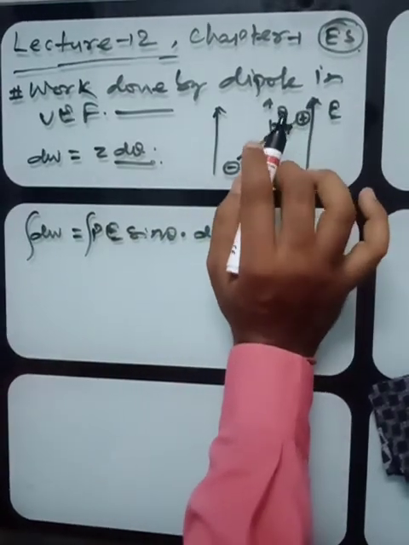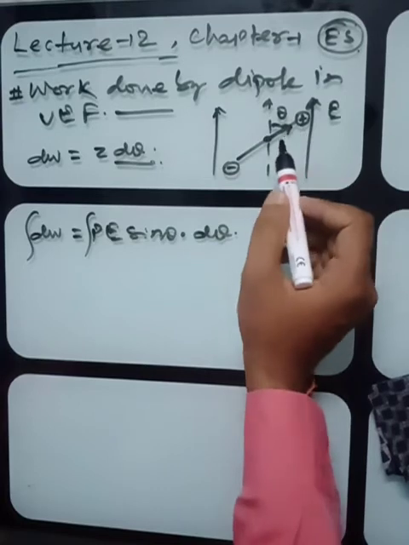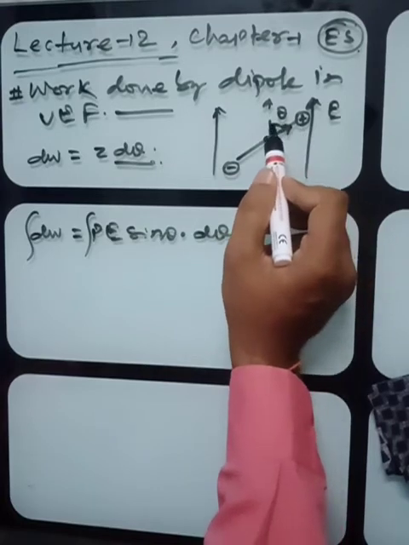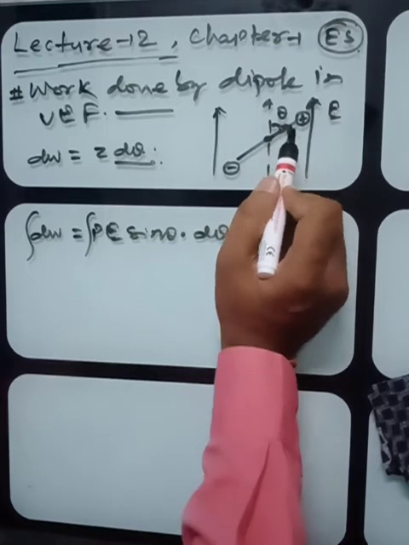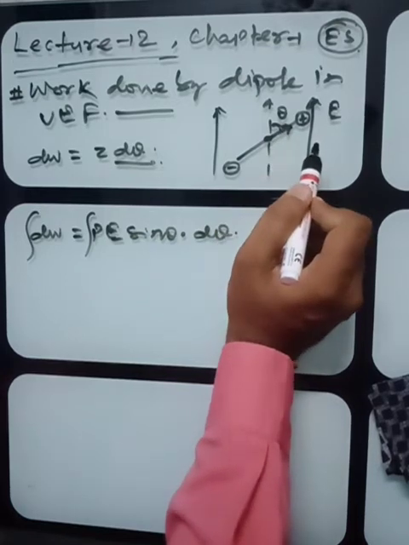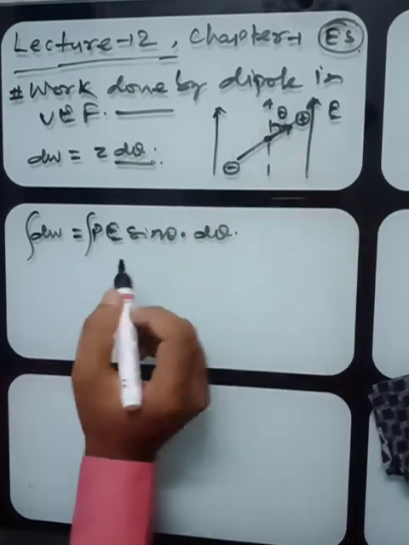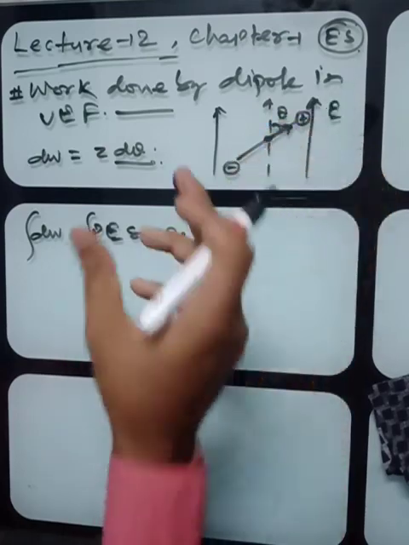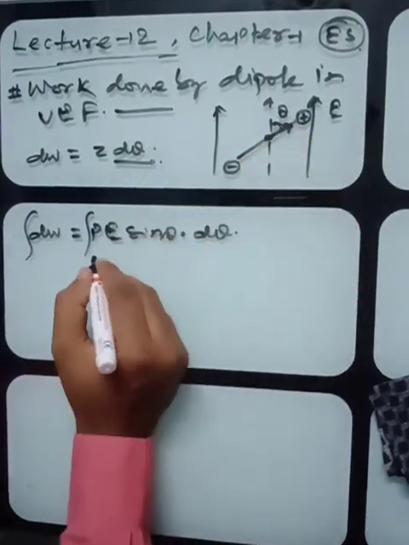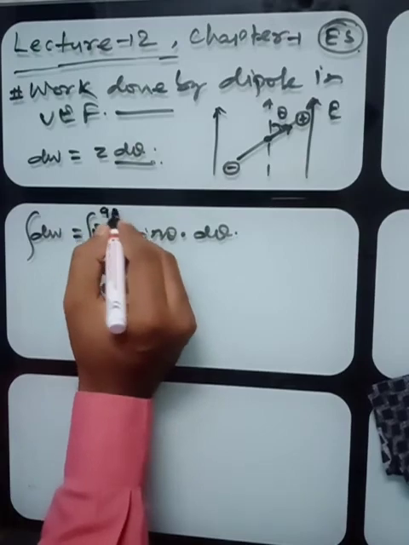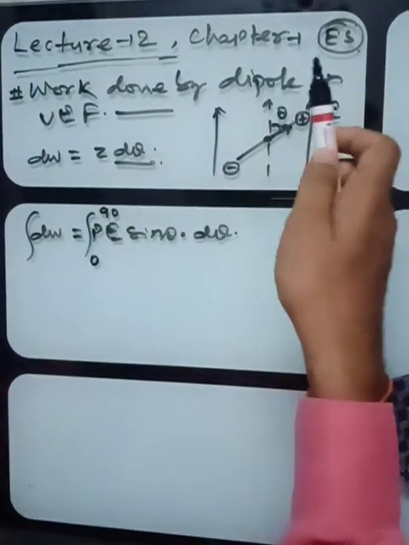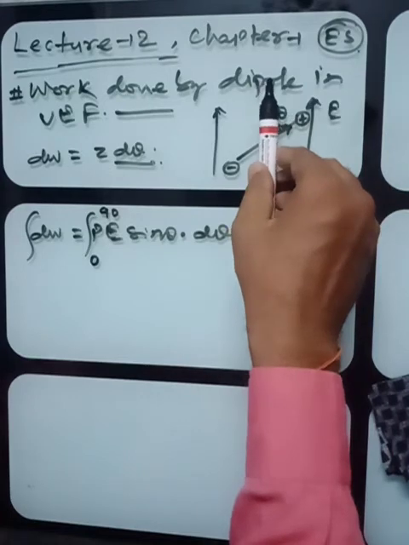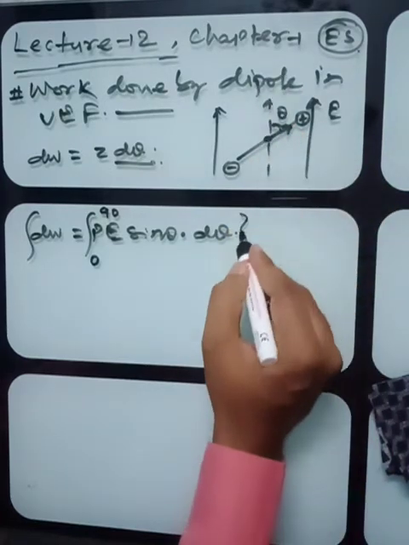If it is in the stable state, then theta will be 0. If it is in the unstable state, then theta will be 90 degrees. So from the stable state, to find the maximum work, you have to rotate from 0 to 90. From 0, the dipole is in this way, and you have to rotate it this way by an external agent.